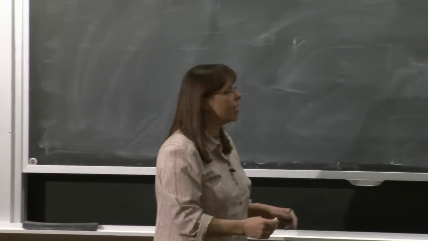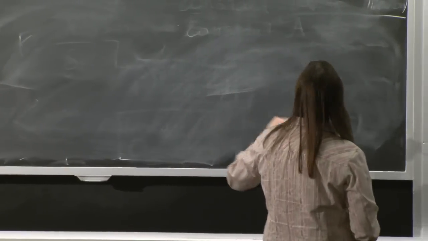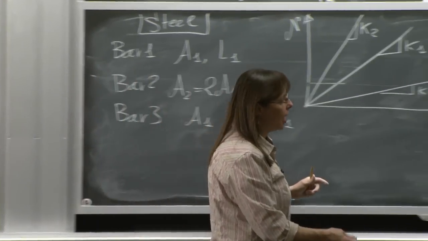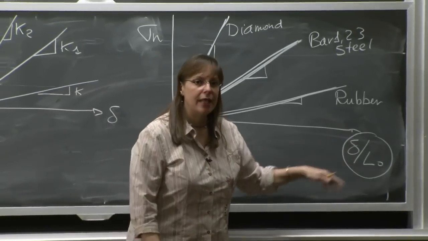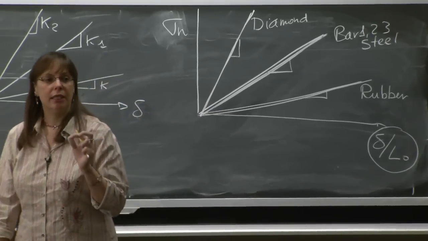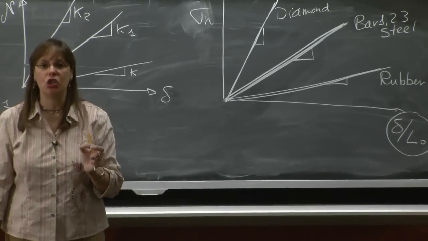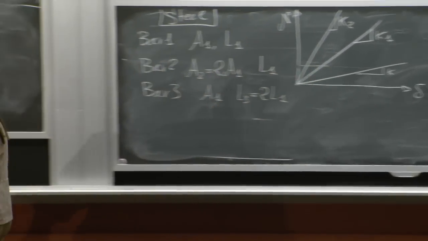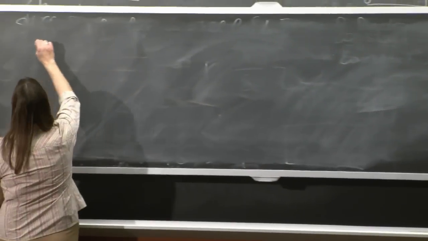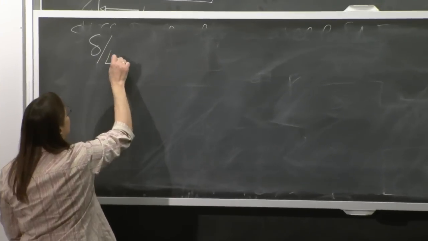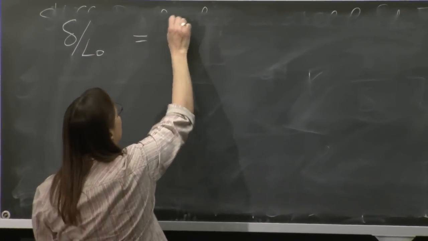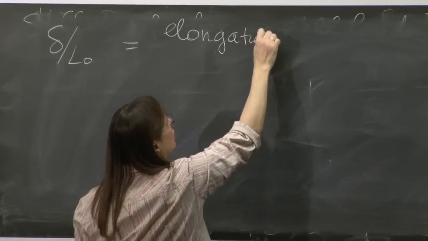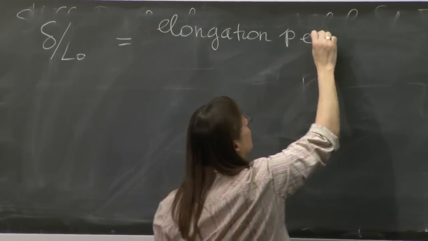So if I had a uniform bar like that, and I have an elongation delta, delta over L0 gives me the elongation per unit length of the bar. So delta over L0 is elongation per unit length.